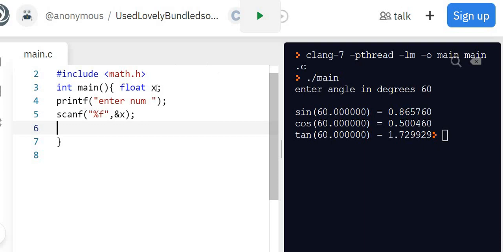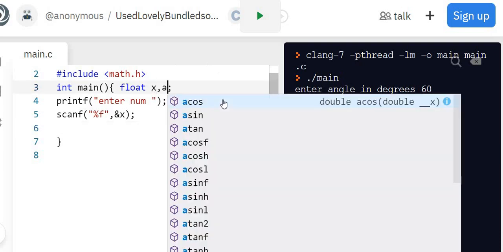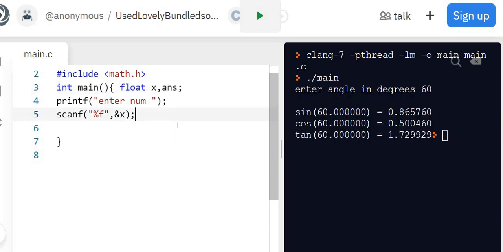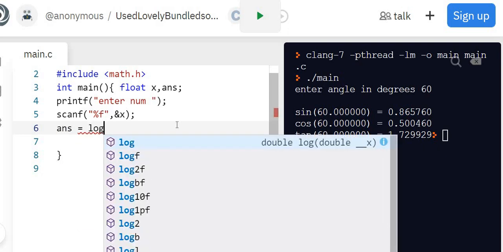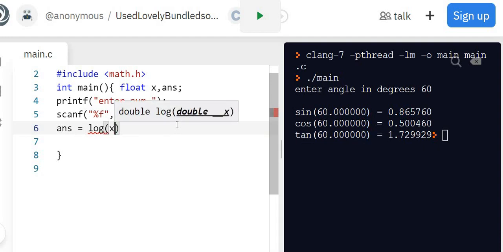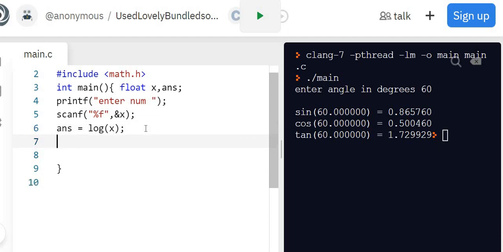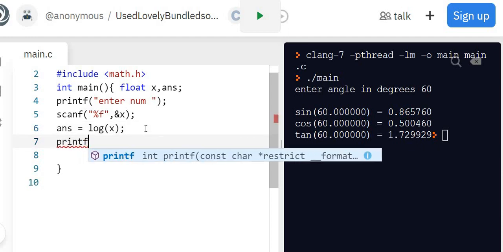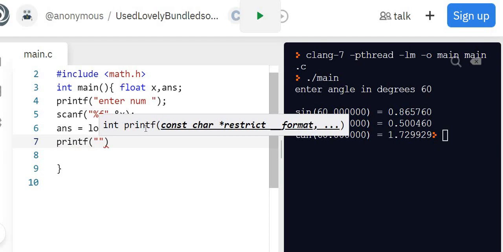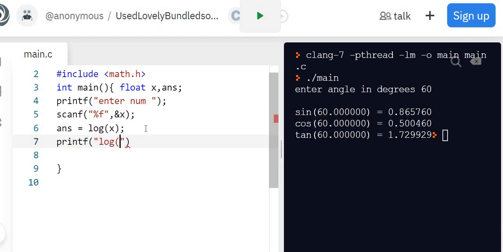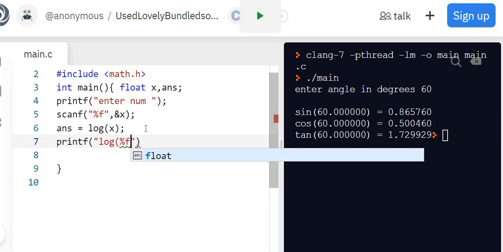Let us define one more here, answer, and we'll equate this answer to whatever log or exponential, anything. So answer is equal to, now let's use log. Log of x is the answer. So printf, log, into bracket %f, bracket complete.